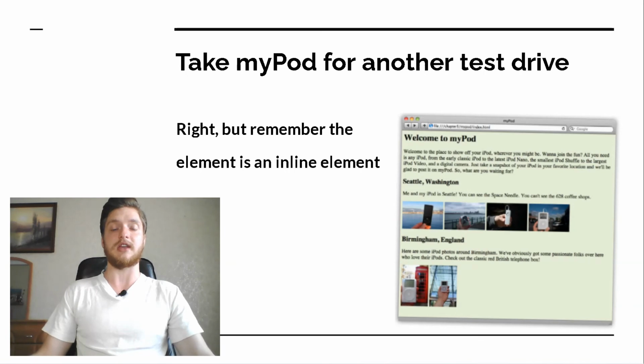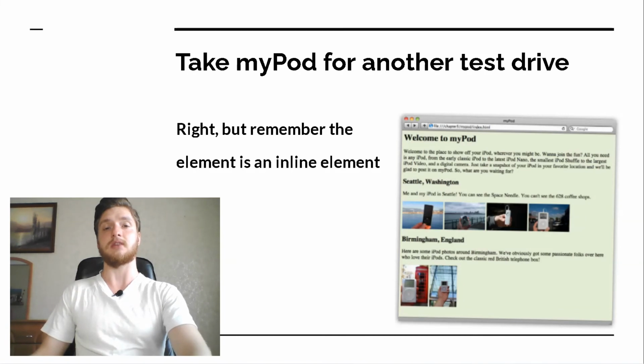Instead, it displayed them on top of each other. The browser always displays vertical space before and after a block element. And if you look back at the screenshot, you'll see the images are right on top of each other with no space in between. That's another sign image is an inline element.